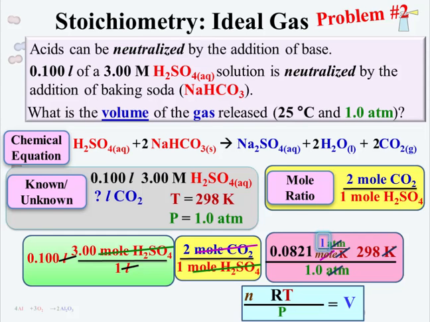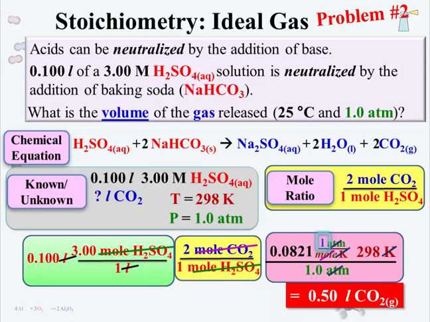If the final volume doesn't come out the same, then repeat the calculation until you come up with a common value. It should be 0.50 liters of CO2. In this reaction, 0.100 liters of a 3 molar sulfuric acid can at most produce 0.5 liters of CO2.